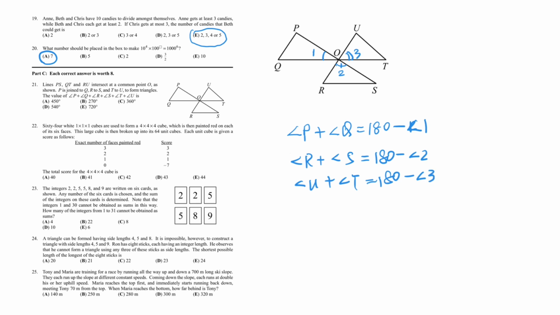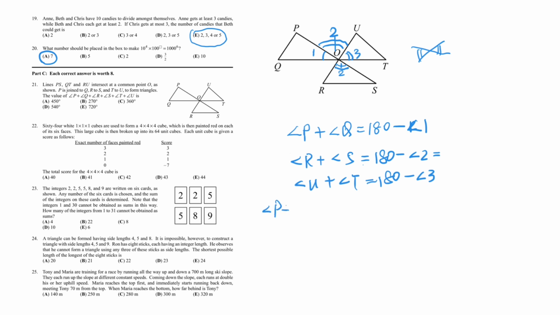Also, angle 2 equals POU. All the vertical angles are equal. So POU equals angle 2. We add the 3 equations together.